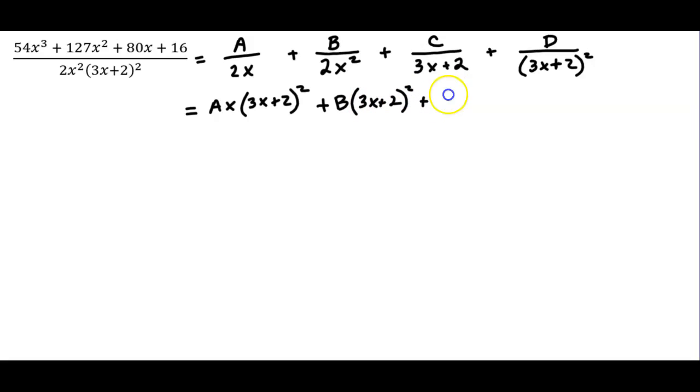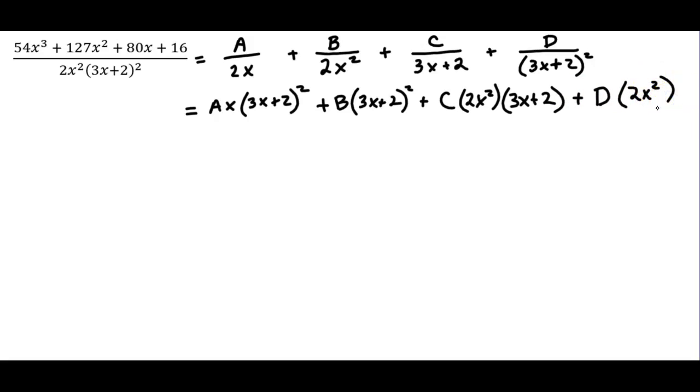And then I'm going to have the c. I'm going to have to multiply that by the 2x squared, because I didn't include the 2, right? And I'm going to also need the 3x plus 2 factor in there. And then finally at the end, I'm going to need a d times 2x squared.